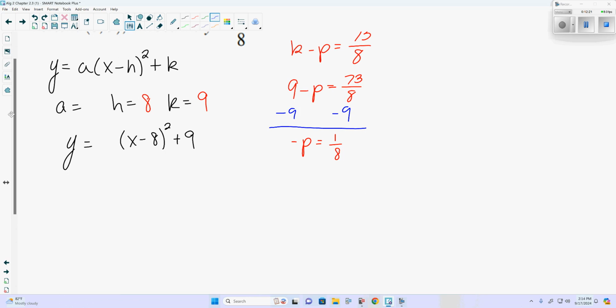So 72/8, 73 minus 72. Subtract 1, or divide both sides by negative 1. p is negative 1/8. One of the interesting things here, because we said negative p is equal to positive 1/8, is that if we're changing from negative p to positive p, we have to change the other side's sign too. So the p went from negative to positive, and the other side goes from positive to negative.